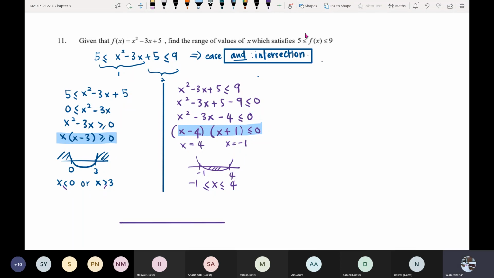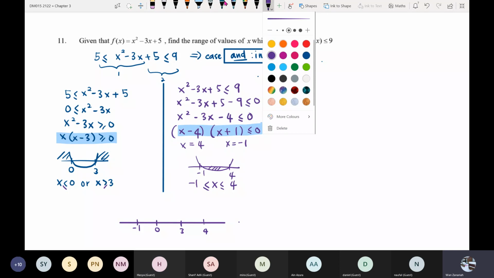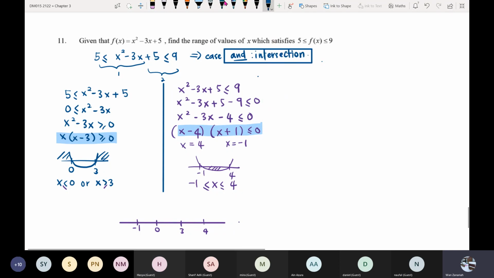Okay, so arrange the values. Who's come first? We have 0, 3, negative 1, 4. Negative 1, followed by 0, followed by 3, followed by 4. Okay, so the blue color. So x is less than 0.